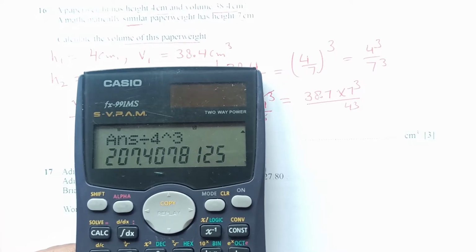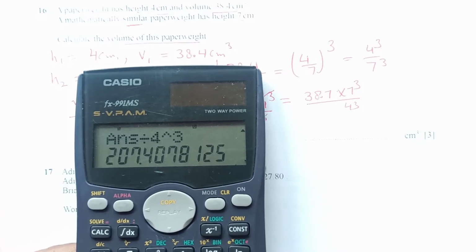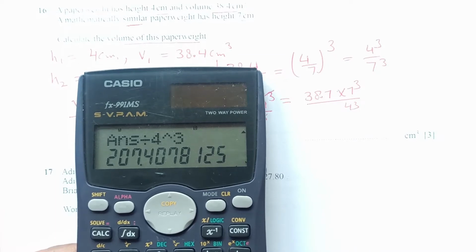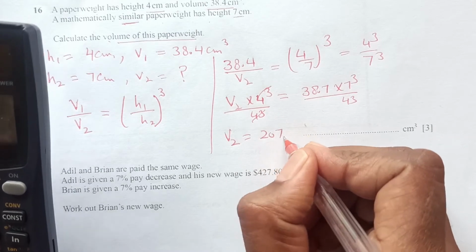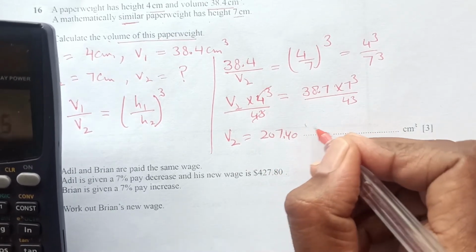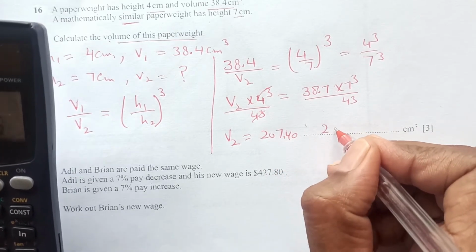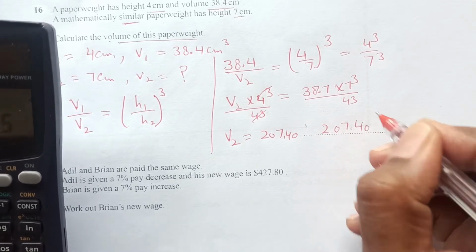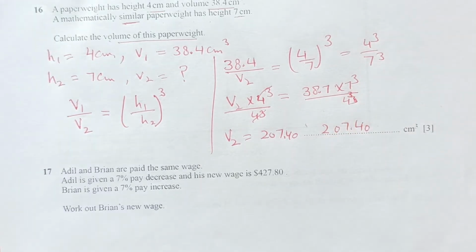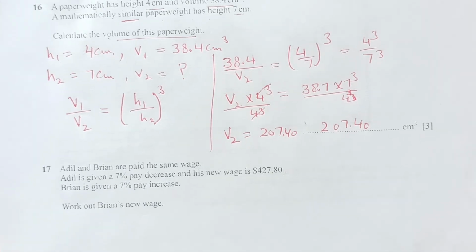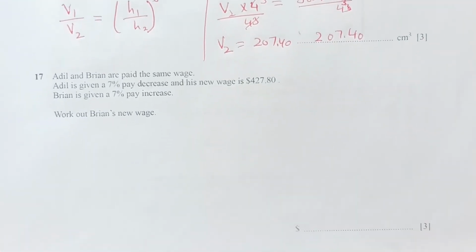This is 207.40. So that means 207.40 will be the answer. And this is 4 cubed, right? So that is for number 16.